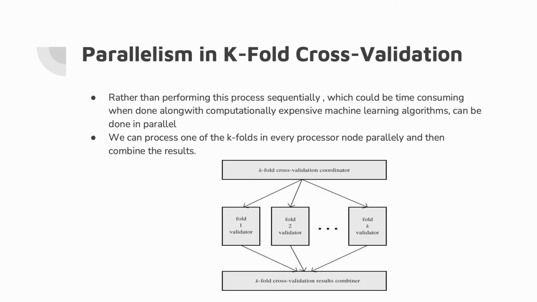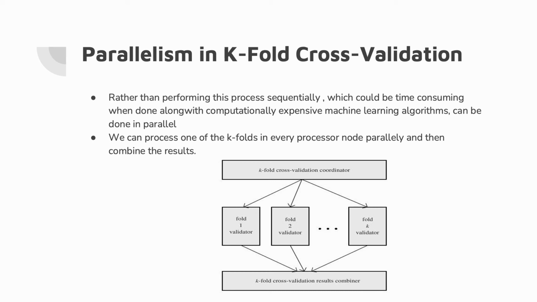So here in this diagram you can see that a k-fold cross validation coordinator is split into the k-folds, and each k-fold validator we can distribute among the different processors, and after the processing we can merge the results in the k-fold cross validation results combiner.